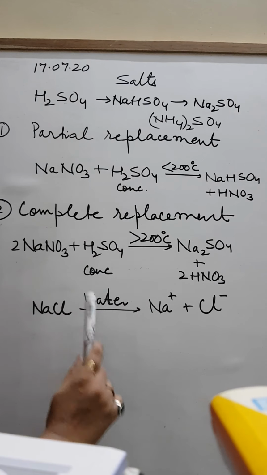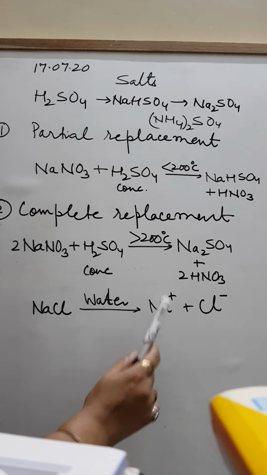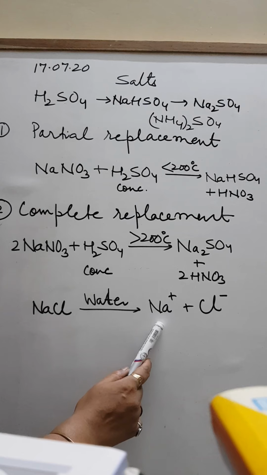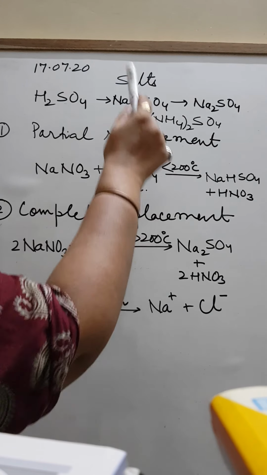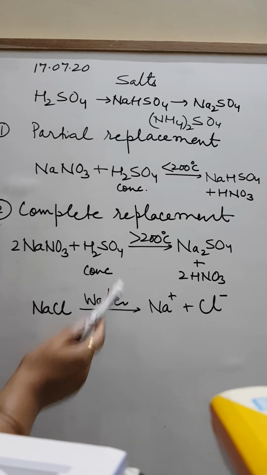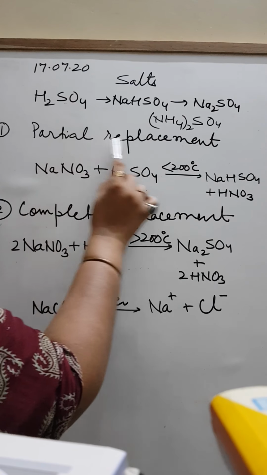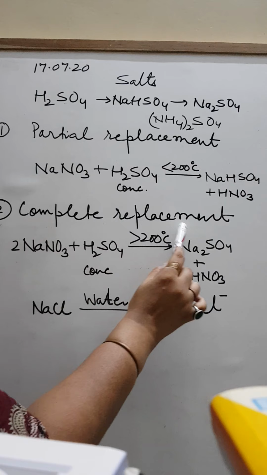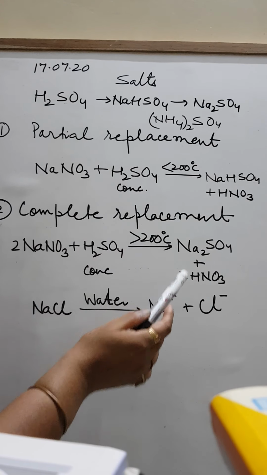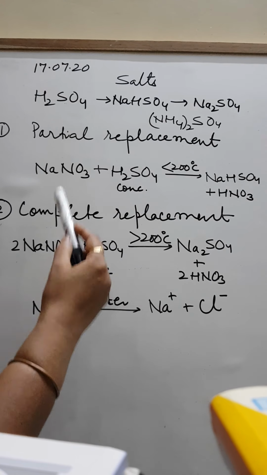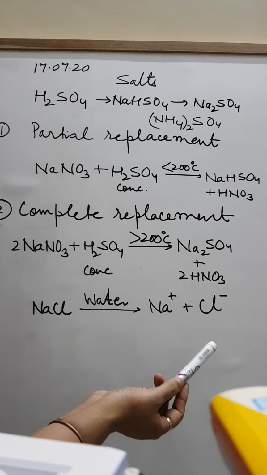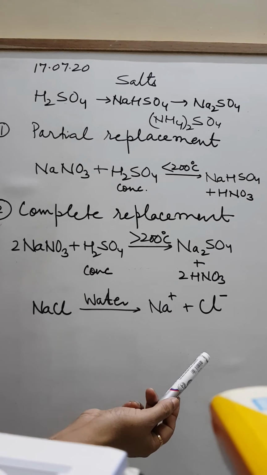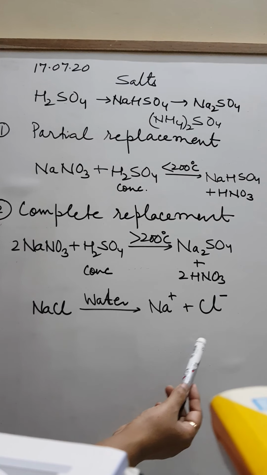In general, salts when dissolved in water, furnish cation other than H plus and anion other than OH minus. So you have seen what are salts and how are they formed. They are formed by either the partial replacement or complete replacement of ionizable hydrogen atoms of an acid by a metallic cation or ammonia. This is all enough for this video.